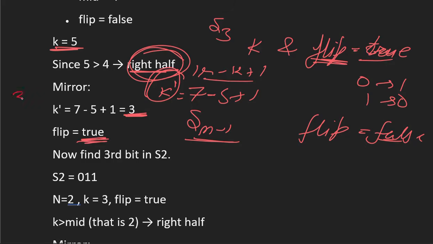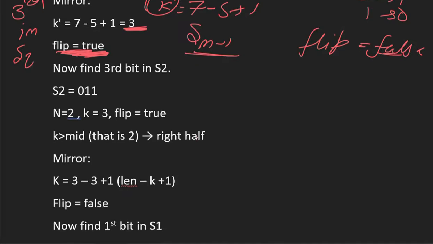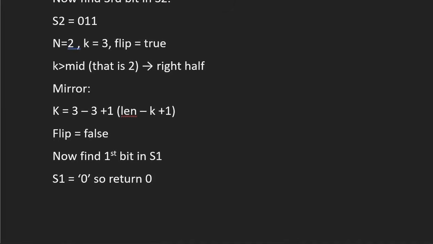Now we have to find the third bit in s2, and we have also marked flip as true. So now let's see in s2, where we have k equal to 3 and flip equal to true.